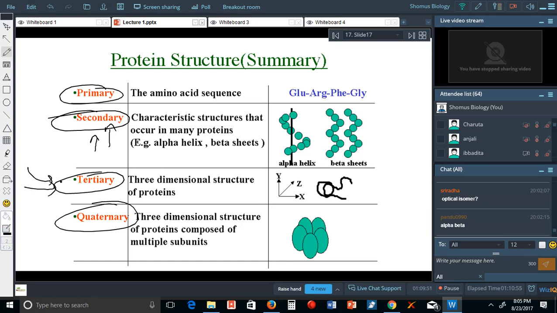And tertiary structure is the one where we have the three-dimensional folding of a protein. Three-dimensional folding of a protein ultimately dictates the function of the protein, because once the protein is properly folded, then only that folded structure can act as a functional unit of an enzyme.